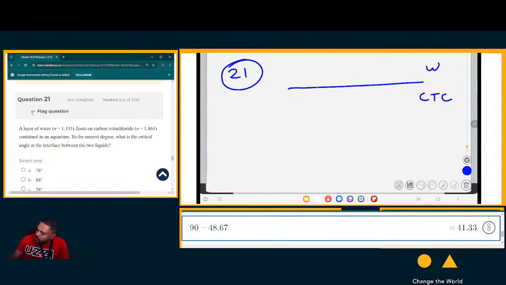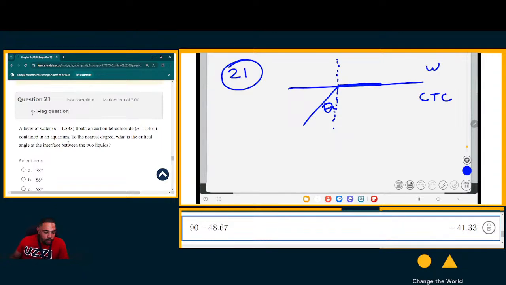So at this interface, the light ray must be parallel to the interface. We need to calculate what critical angle will make the light ray parallel to that interface between the two liquids.